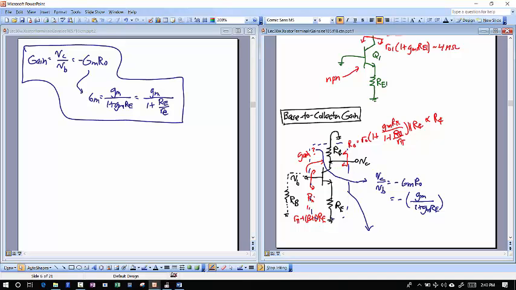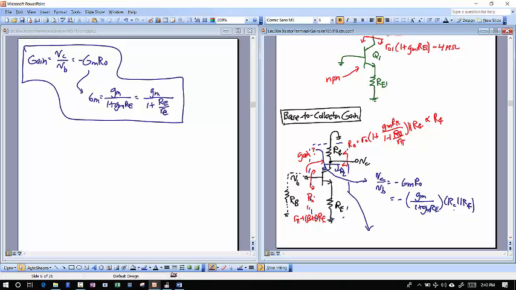All the resistance I see at that node is whatever I see looking down this way, which is my little rc, which is a complex equation as you've seen, in parallel with RC. That's my gain. By instant inspection, just by knowing these equations, I wrote down my gain.